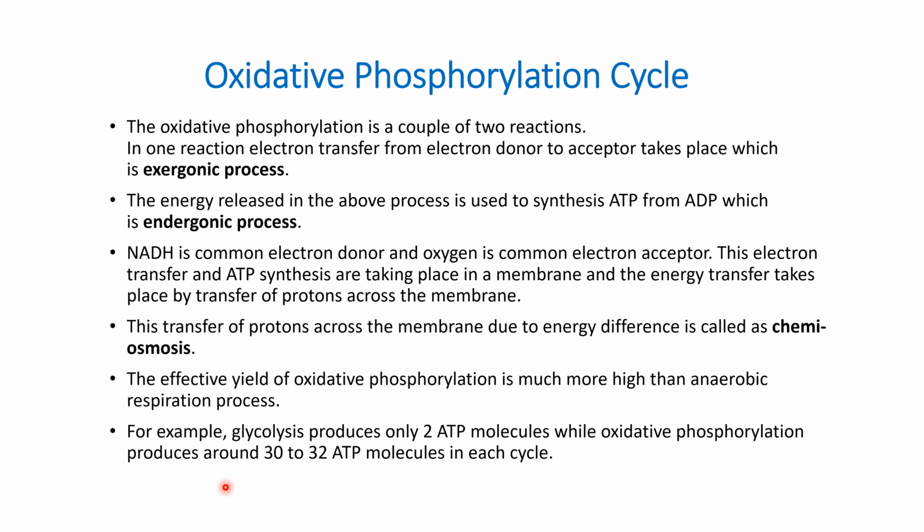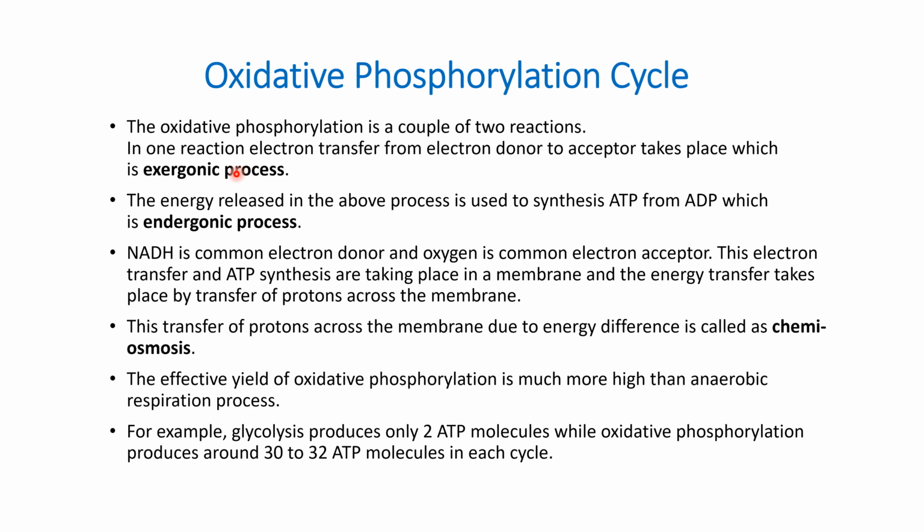So next is the oxidative phosphorylation cycle. What exactly is happening and what kind of production or yield are we having in the oxidative phosphorylation cycle? Basically, we can break this oxidative phosphorylation up into two main chapters, under two main umbrellas or reaction types.